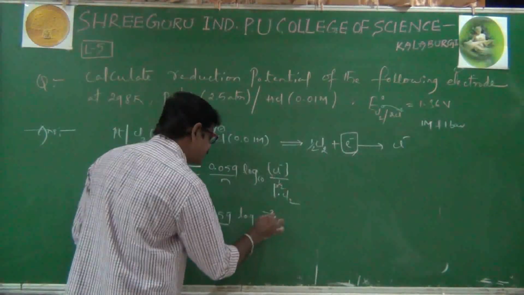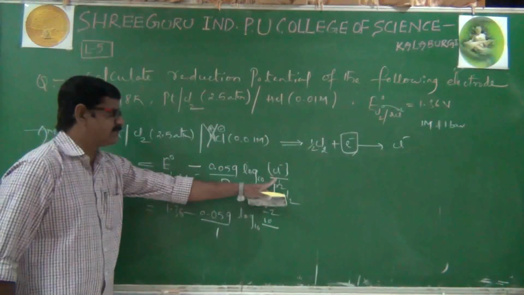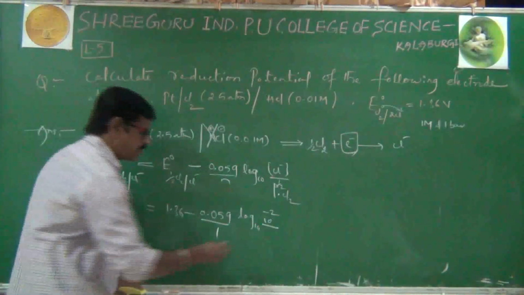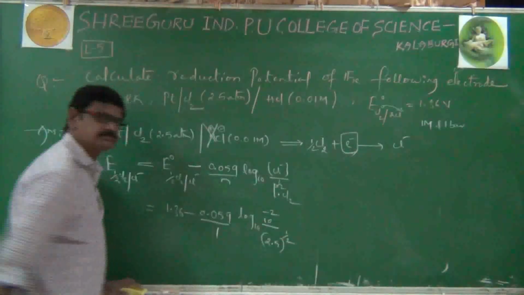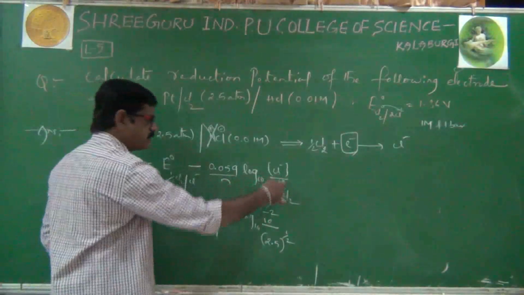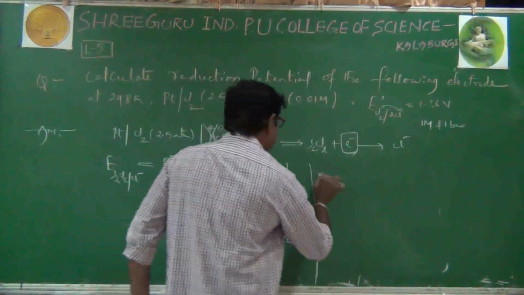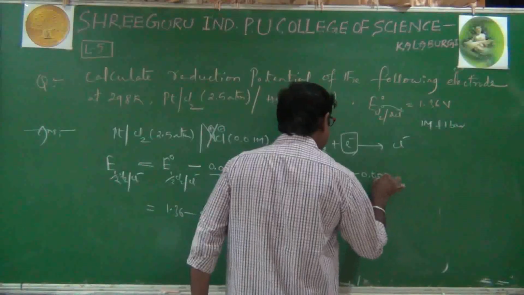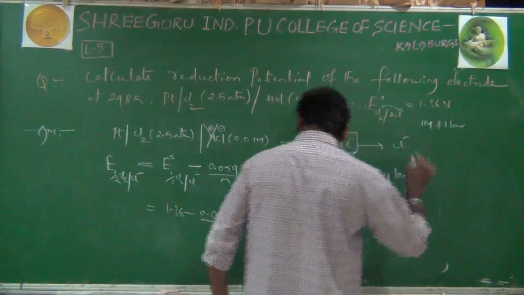0.01, which is nothing but 10 to the power of minus 2, divided by P to the power of 1 by 2 of Cl2. The pressure is 2.5 atmospheres, and we will write 2.5 to the power of 1 by 2, because pressure is to the power of 1 by 2. Therefore 1.36 minus 0.059 log base 10.